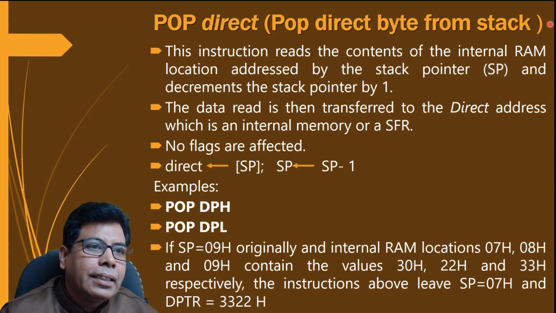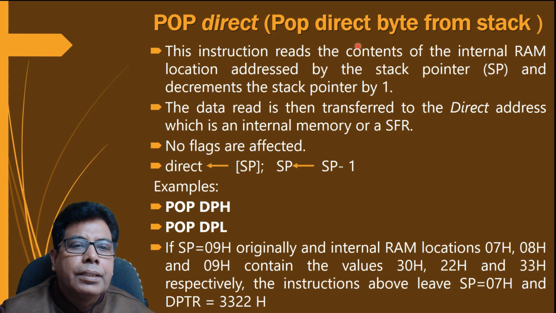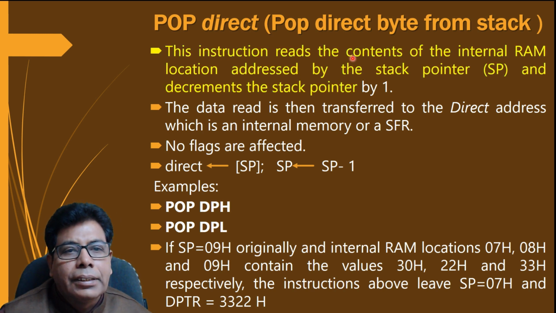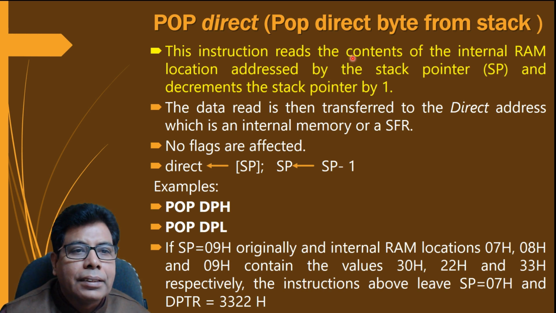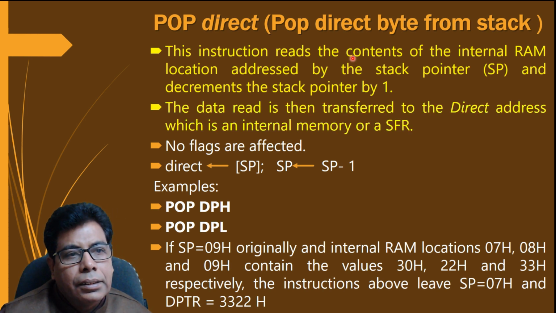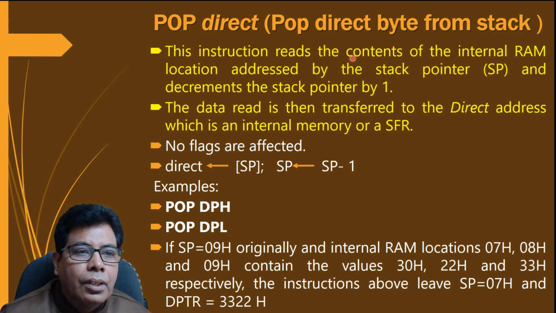Now let us understand the pop instruction. So pop direct, that is pop direct byte from the stack. This instruction reads the contents of internal RAM location addressed by the stack pointer and decrements the stack pointer by 1. The data read is then transferred to the direct address, which is an internal memory or a SFR.